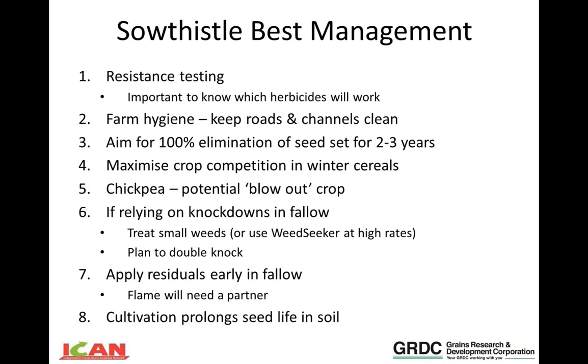So we are still doing testing on glyphosate and sowthistle. We are also part of a new project that will be looking at other resistances across other species, but within sowthistle we're also going to be looking at group B resistance and benchmarking that.